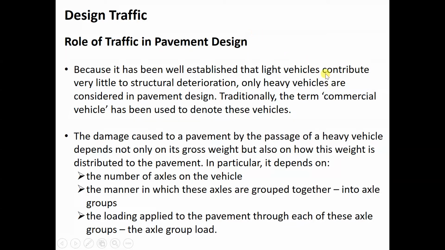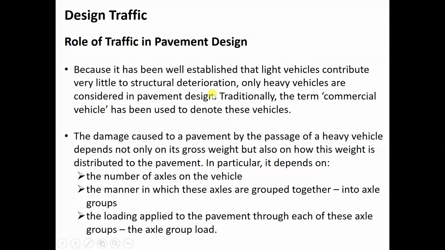Initially, the design traffic is in terms of the number of vehicles. Later on, we change to equivalent standard axle, and then for the different layers, we need to change to the standard axle repetitions.